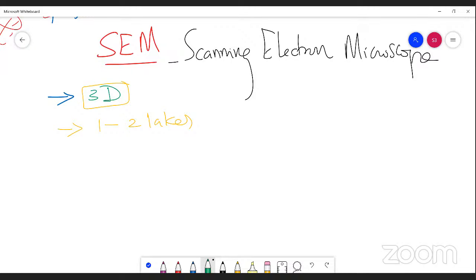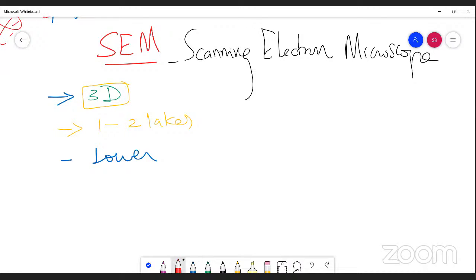Whereas TEM shows only a 2D structure, the SEM provides a 3D structure of an image. But compared with TEM, its magnification is lower, because the magnification value is 1 to 2 lakhs, whereas in TEM it is 1 to 3 lakh times.